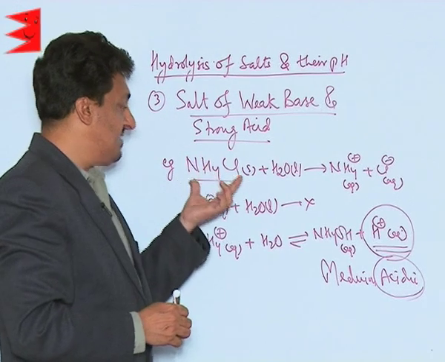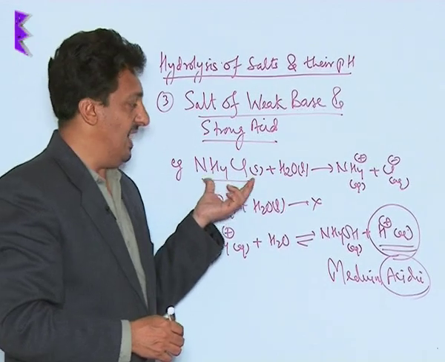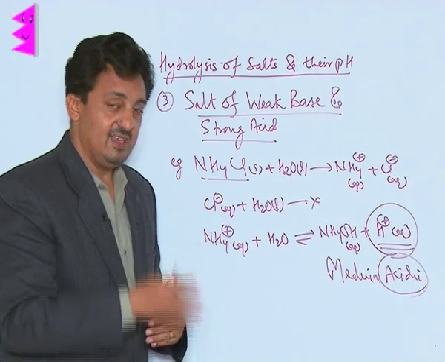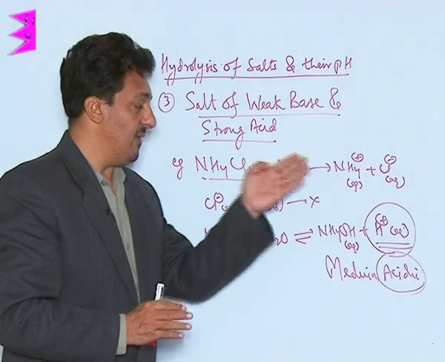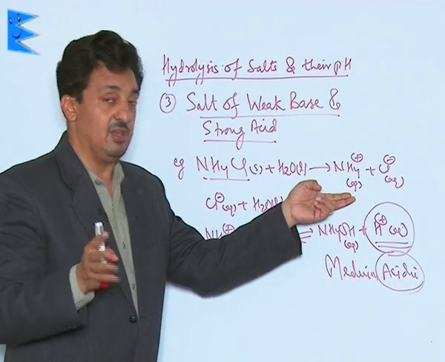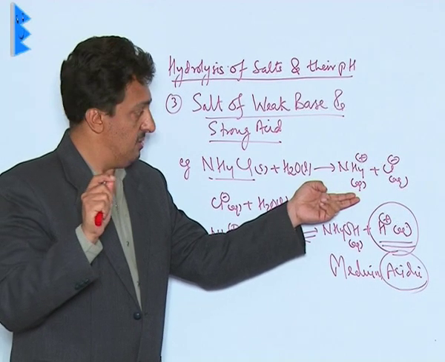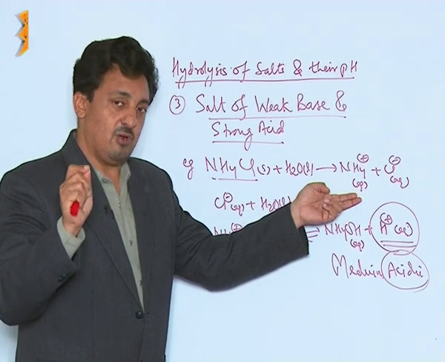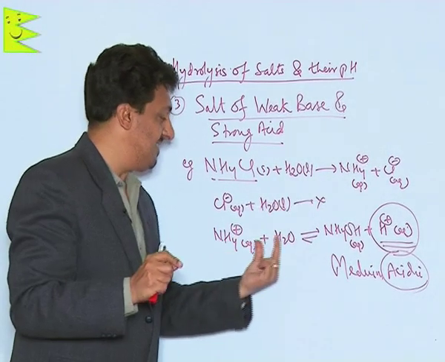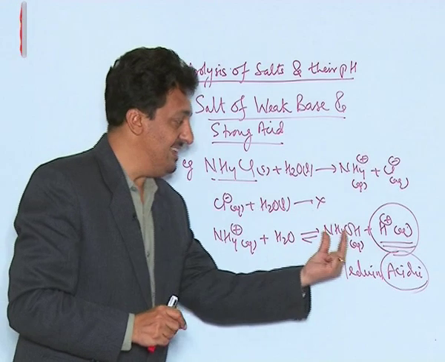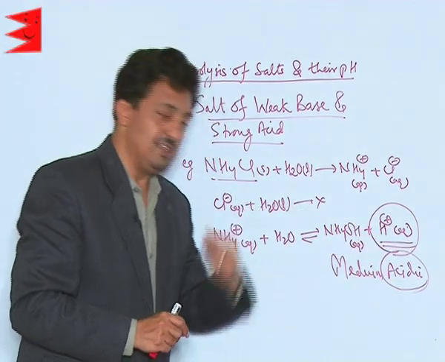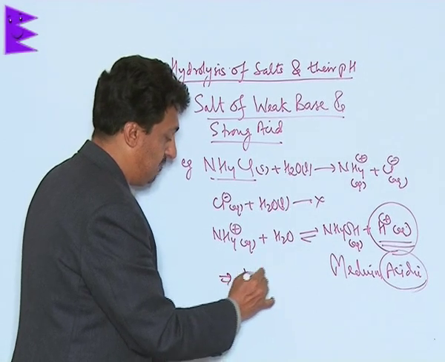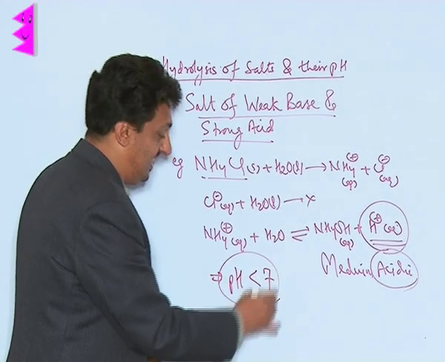So when these types of salts are added to water, they will make the medium acidic because the ion obtained from the weak base, its conjugate acid, immediately gets hydrolyzed and releases H plus ions, which makes the medium acidic. So whenever these salts are added to water, the pH will become less than 7.